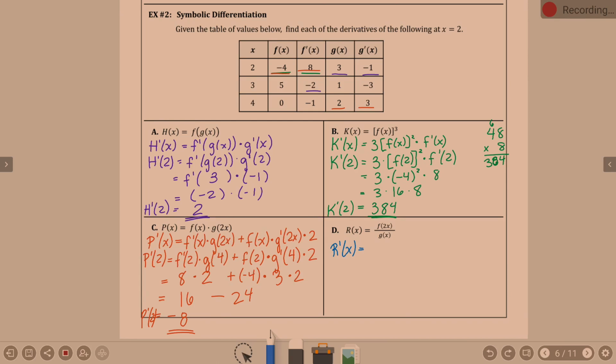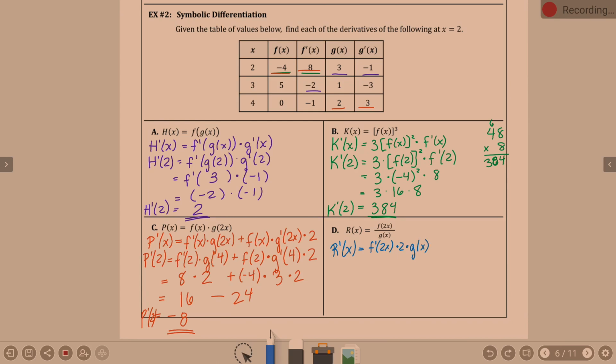You do whatever you need to do, right? So derivative of the top is going to be f prime of 2x, which is the derivative of f prime of 2x times the derivative of the inside, so times 2, times the denominator as is.